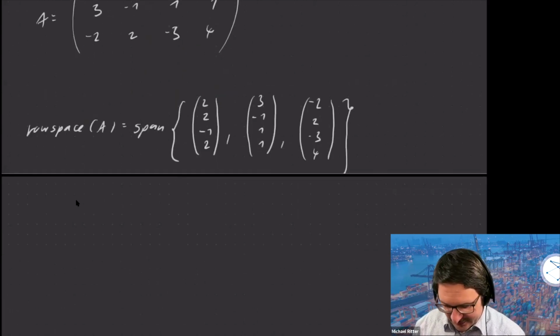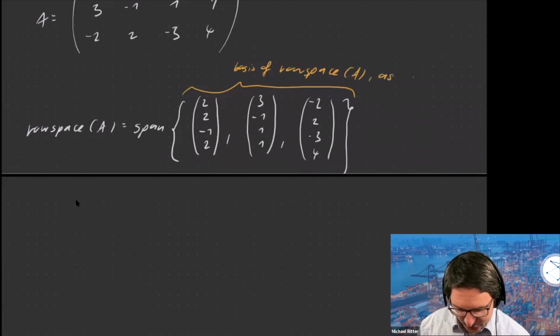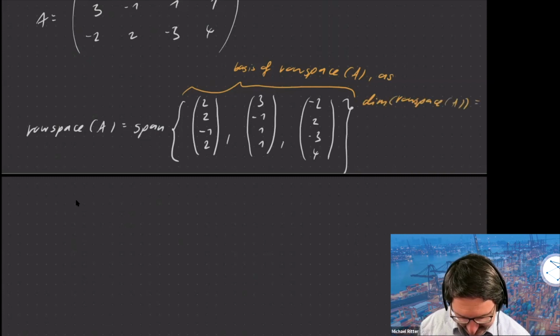So this here is a basis of the row space of A. As we know, the dimension of the row space of A is 3.